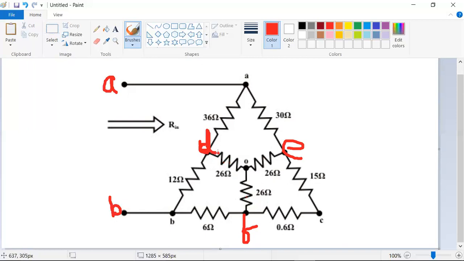Now my job is to convert this star to delta. How I am going to convert it is important here. So now let me add the circuit. This is one resistor. This is one more resistor. This is one more resistor.